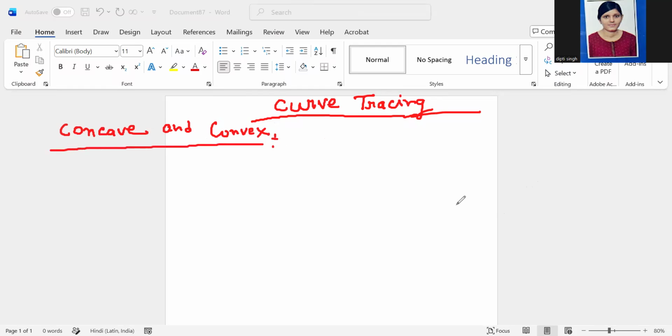Let me draw a graph like this. If we have a curve like this, this is a point P on this curve, and this is another line CD.